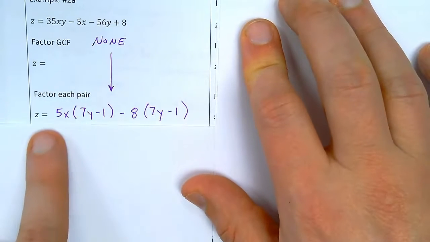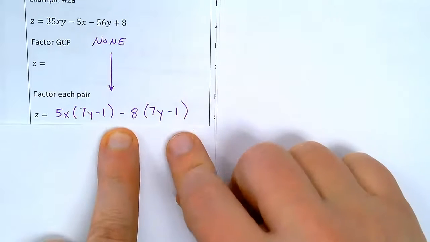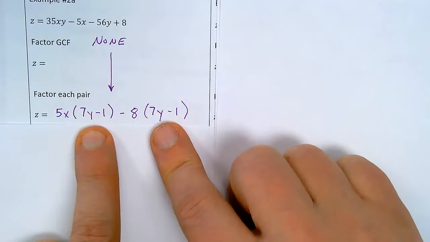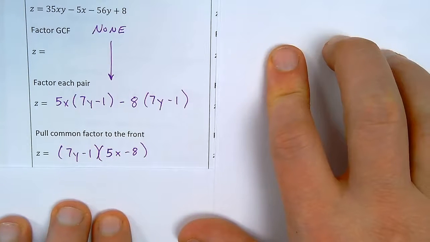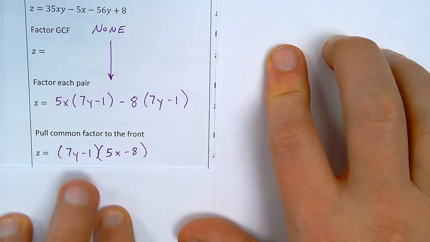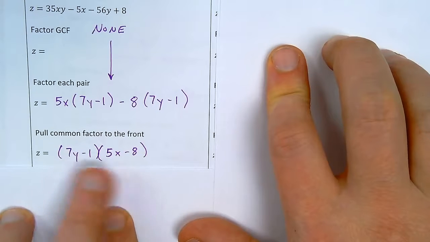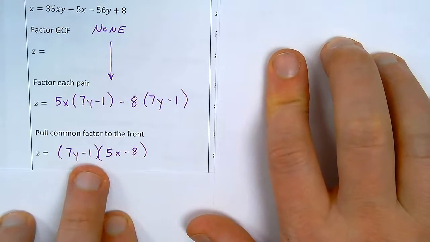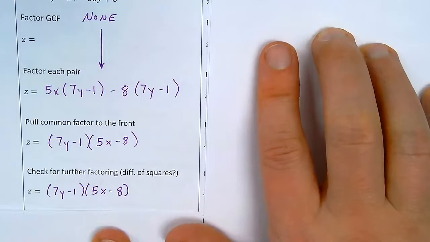So we'll pull out a 5x and a -8. This leaves behind 7y minus 1. Those match, so we can pull that to the front. And we want to check to see if there's anything else we can do to further factor each of those parenthesis sets, and 7 and 1 are relatively prime, 5 and 8 are relatively prime, so we're good. That's as far as it'll go.